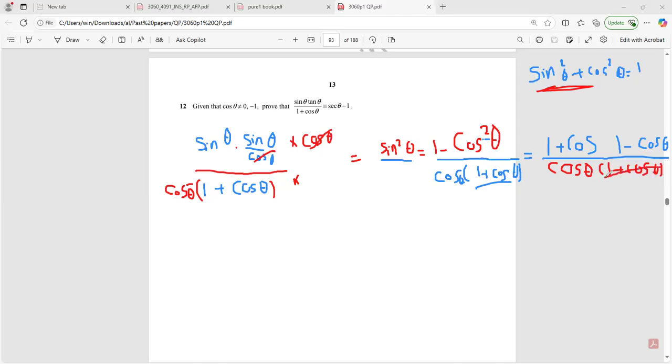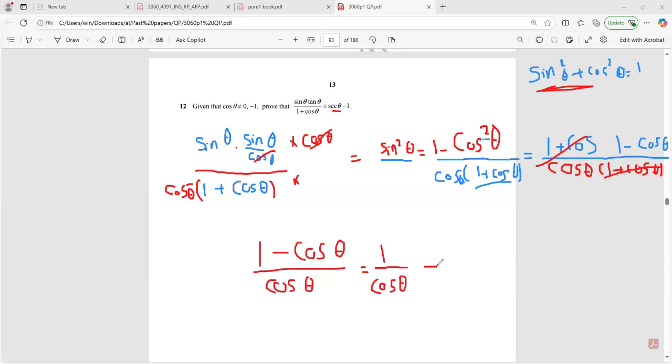So now I'm going to cancel this positive. So remember 1 minus cosine theta over cosine theta. Remember this sharing denominator. So it is 1 over cosine theta, that is the inverse of the cosine, which is secant.